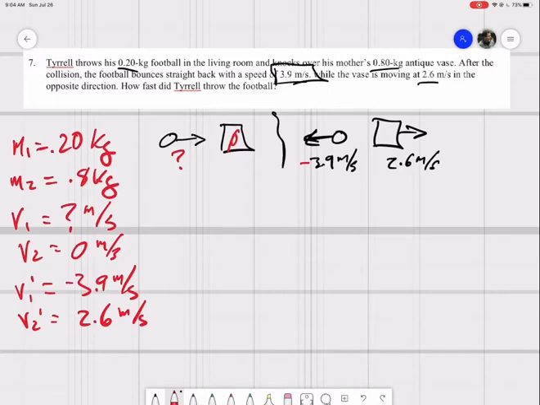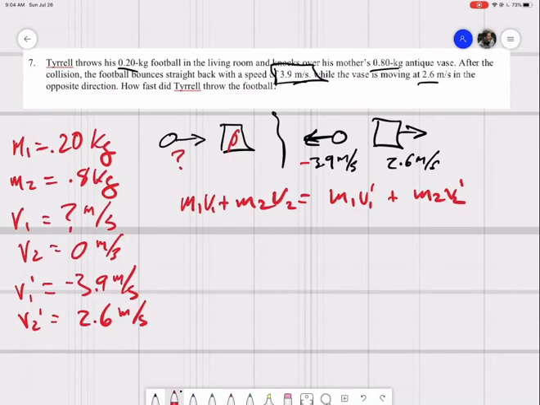So this is separate before, separate afterwards. That means it is elastic. Okay, elastic is like an elastic band, like a rubber band. Rubber bounces. Elastic collisions bounce off each other. They're separate before, separate afterwards. So we write our equation: M1 V1 plus M2 V2 is equal to M1 V1 primed plus M2 V2 primed.